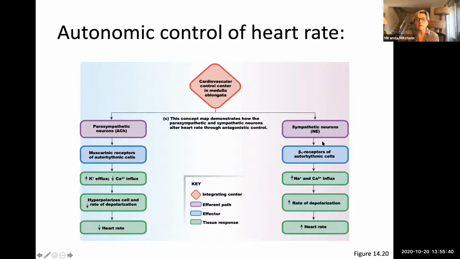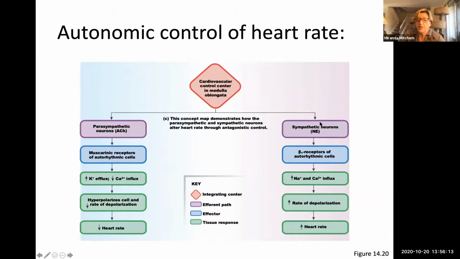If we have the release of norepinephrine, it is going to lead to sympathetic stimulation of the heart. This is under control of a region called the Cardiovascular Control Center, which is in the medulla of the brain. So that's the integrating center. We are in the brain. Skeletal muscle is integrated in the spinal column. The control of heart rate is in the Cardiovascular Control Center of the brain.